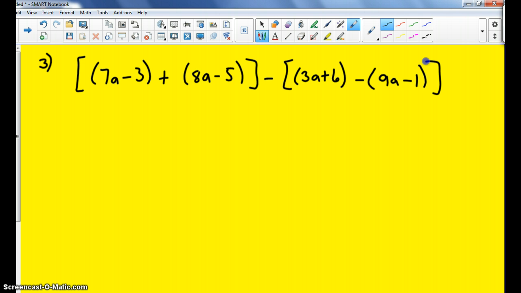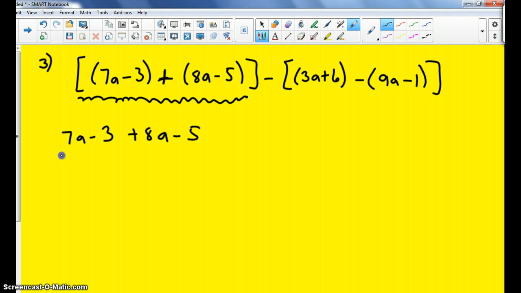Okay, which part are we going to simplify first? Okay, we're going to take this part and only work on this part. Now, for those of you who know, I have a plus. Does a plus change anything in this part at all? No, only minuses. So I have 7a minus 3. I can drop my parentheses, plus 8a minus 5.